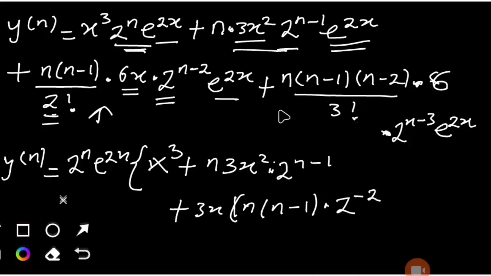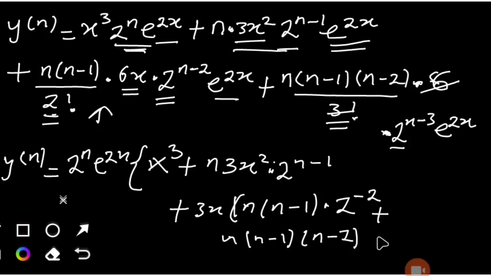Then the last but not the least, I work on this last term. 3 factorial is 3 times 2, which is 6, so 3 factorial will cancel this 6. 2 raised to the power n is already outside, so what I will have left is n into n minus 1 into n minus 2.